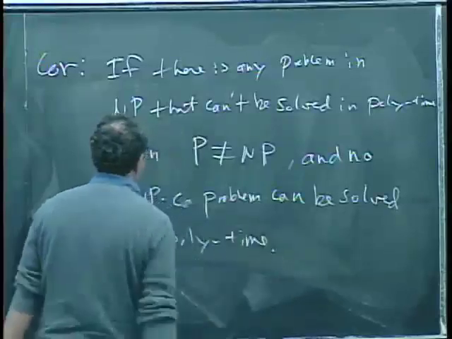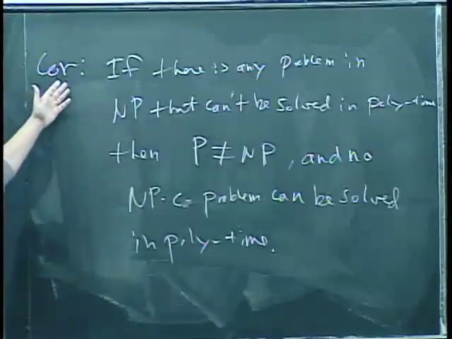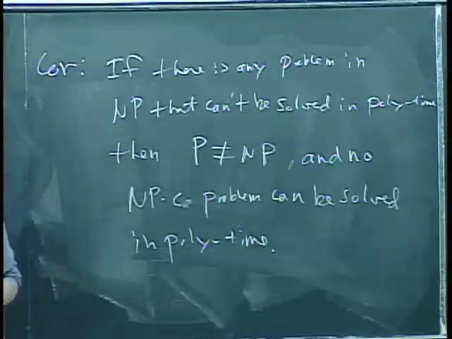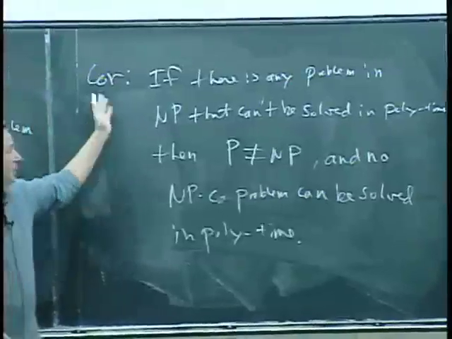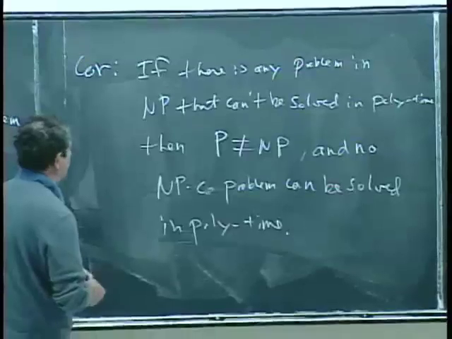Okay, so that's another. Actually, I don't know if it's really right to call this a corollary. It's more like just a restatement, the contrapositive of this one. They're really sort of the same thing. Well, I'll call it a corollary. It's an additional thing that we can point out here.